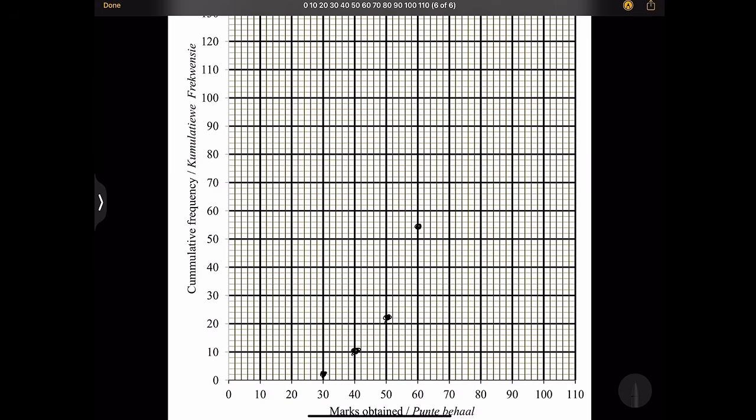At 70, I've got 100. So there's 100 over there. And at 80, I've got 122. That's my 122 value. At 90, I've got 138.